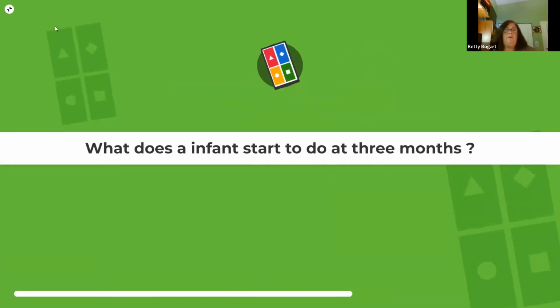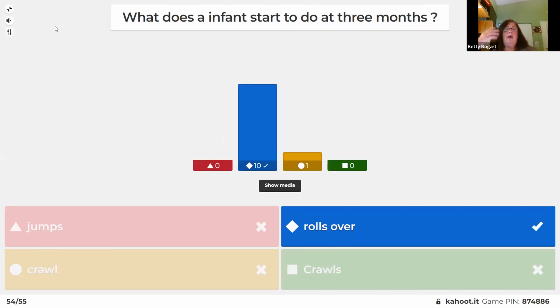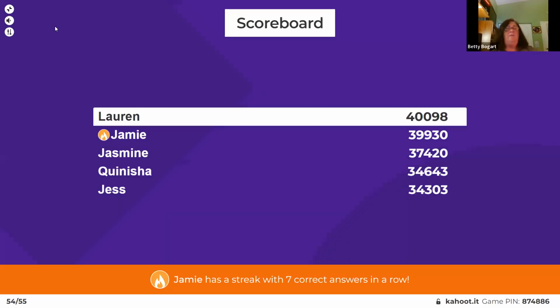What does an infant start to do at 3 months? At 3 months, we know they're rolling. So again, safety, being careful with them, teaching parents is so important.